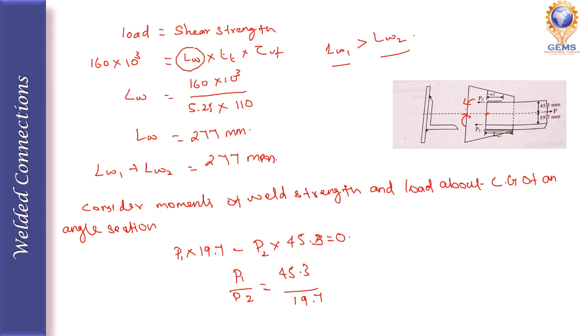What is the P1 formula? LW1 into TT into tau Vf, divided by P2 formula, LW2 into tau Vf.